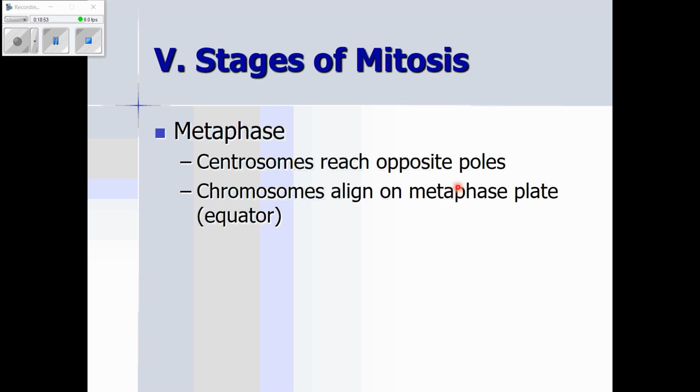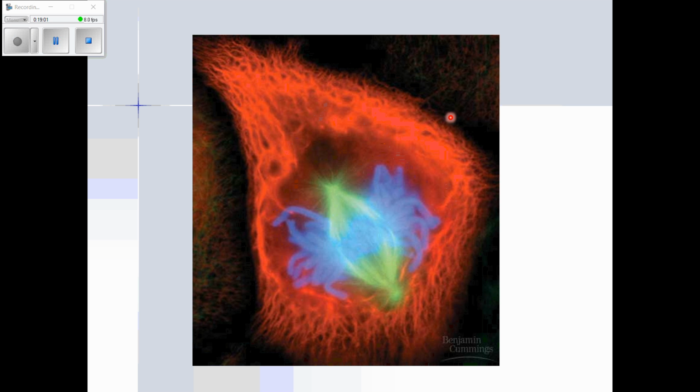So I don't want to get ahead of myself. Let's make sure we understand metaphase first. Chromosomes lining up single file along the middle of the cell. And you notice when metaphase occurs in a real cell, there are so many chromosomes, it's hard for them to get in an exactly straight line.